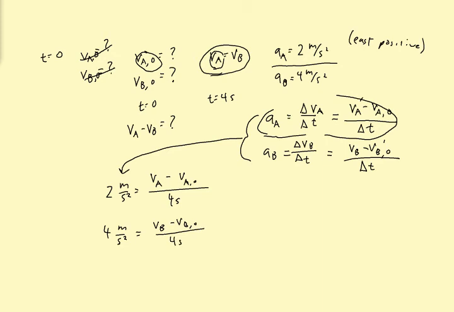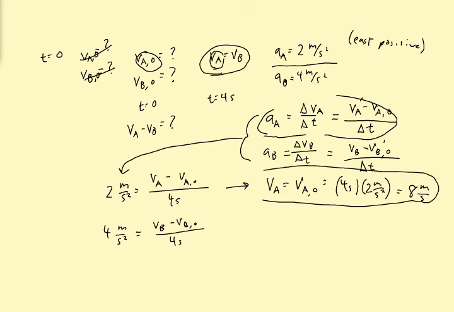And that's great. So now we can multiply these out. For this top one, VA minus VA naught equals 4 seconds times 2 meters per second squared, which is going to equal 8 meters per second. So this is the change in motorcycle A's velocity during the time interval.